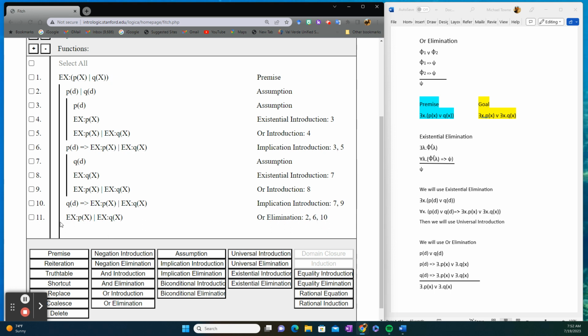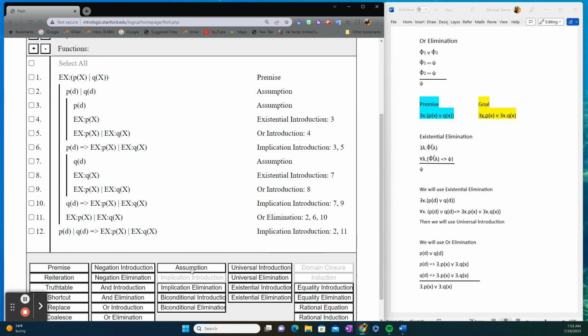And so you notice now I'm in the highest level of my subproof, where I assumed PD or QD, and it led me to conclude within the subproof EXPX or EXQX. All right, so now I can do implication introduction, yay, but that's not really the form that I want.